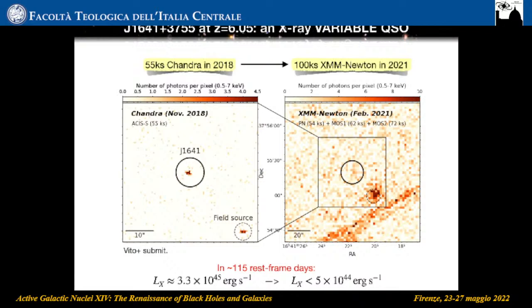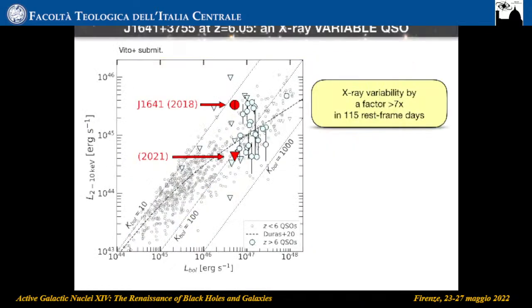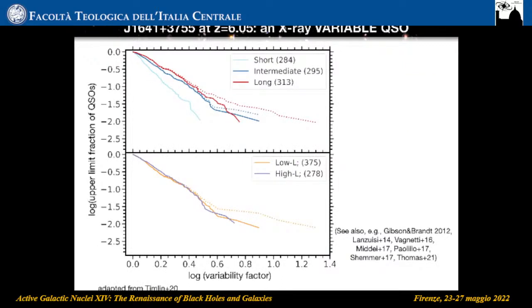And here I show you how the X-ray luminosity varied as a function of volumetric luminosity by a factor of 7 in this time step. To compare the variability of this quasar with the general population of quasars, in this plot we have the fraction of quasars which are variable by some factor, and the factor is here on the x-axis, divided by the luminosity of the quasars and also by the time step between the epochs.